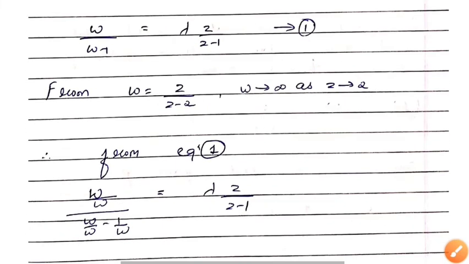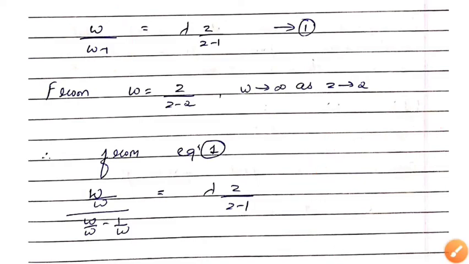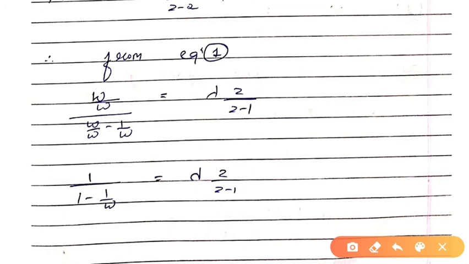So what I will do is divide this equation by w so that I get 1 upon w, and 1 upon infinity is equal to 0, right? So I divide this equation by w, so I get w upon w minus 1 upon w, right? And this equation I am writing as it is.